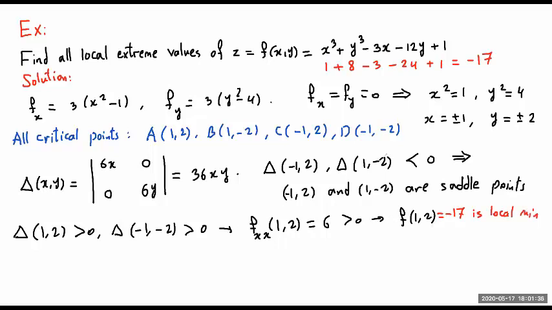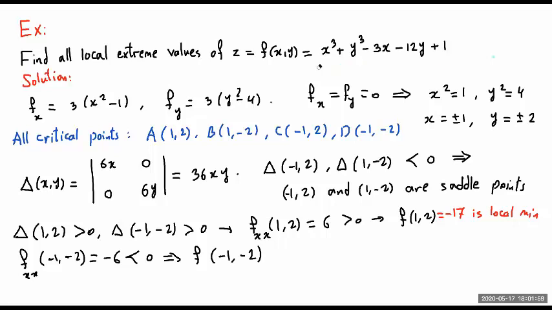Now let's continue. What is fxx at the point (-1, -2)? The answer is -6, negative. So f(-1, -2) will be a local maximum. Let's calculate f(-1, -2). Let's repeat in green, for example. So here it's -1, x -1, y -2.